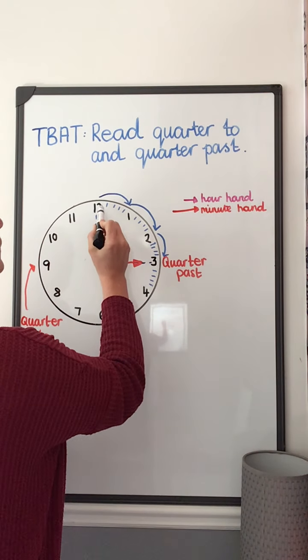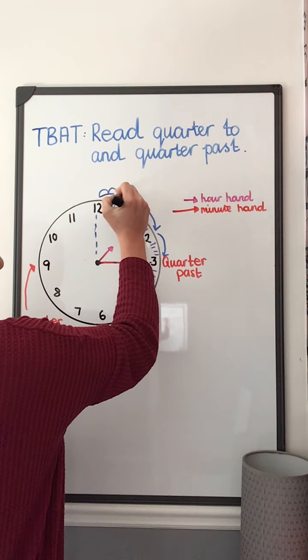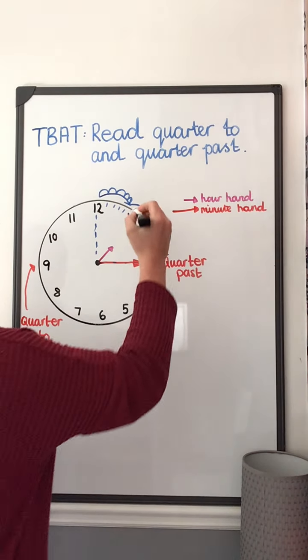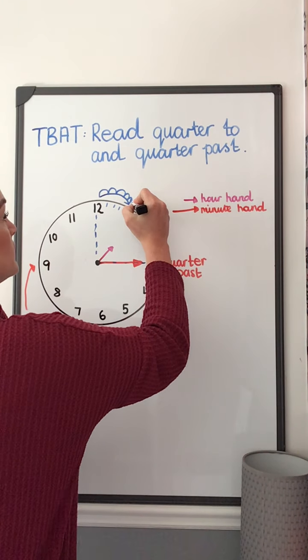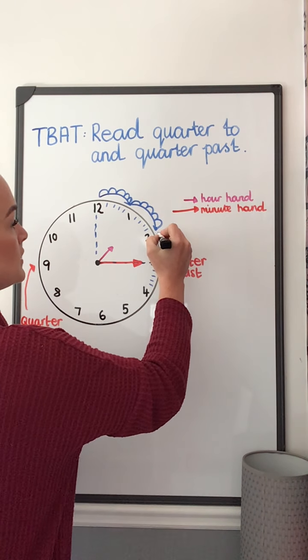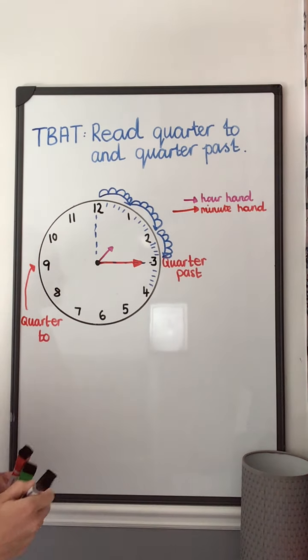So we've got 12, 1, 2, 3, 4, 5. And just like you do with your jumps on the number line, that's how we jump through the minutes. So that's 5, 1, 2, 3, 4, 5, 1, 2, 3, 4, 5, right down to number 3.